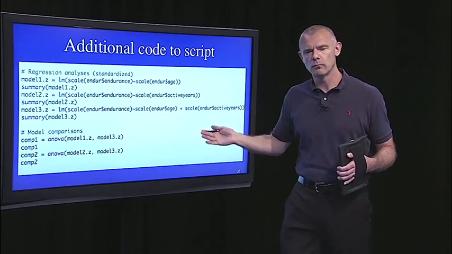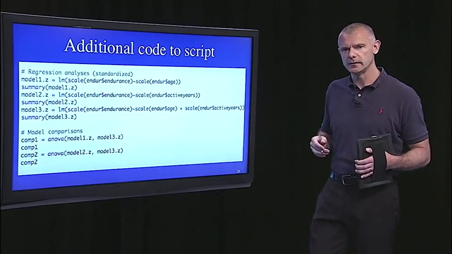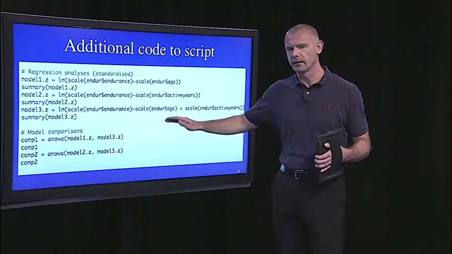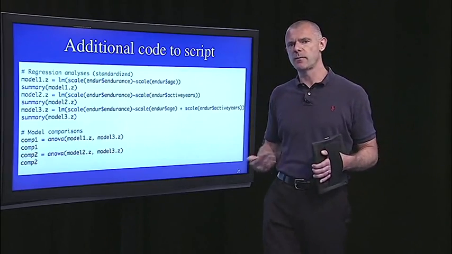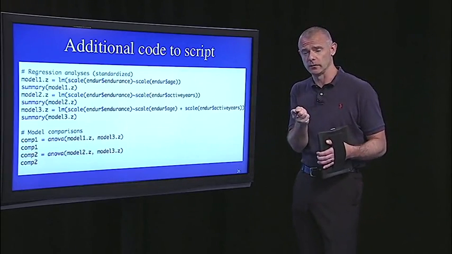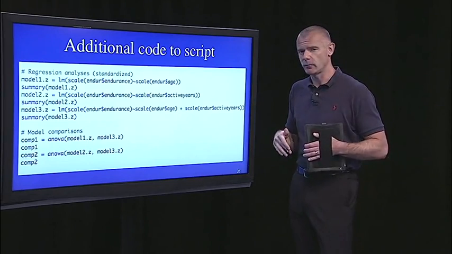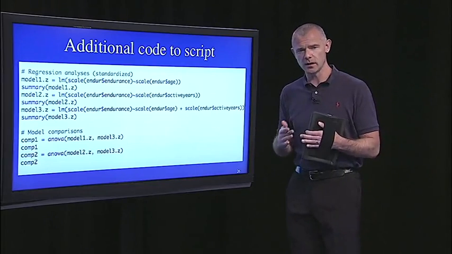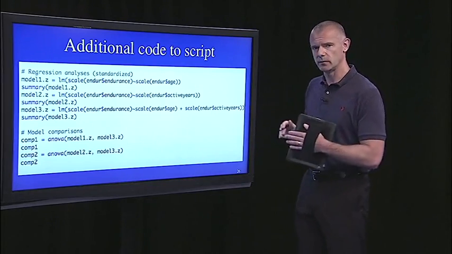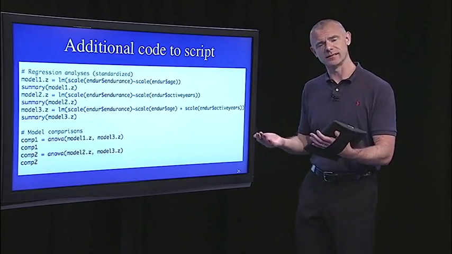I can then do model comparisons, so I can see if adding both predictors in one model does better than having just one predictor in the model. And I can do that with a formal test. And this works statistically because these are models that we call nested.